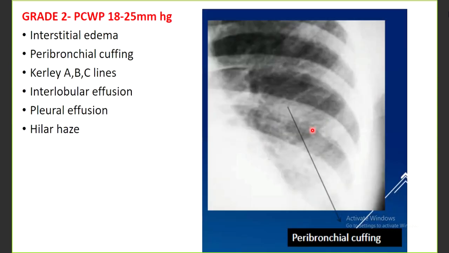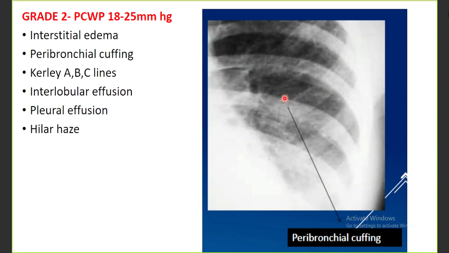In the next stage, you see worse findings like curly lines, interstitial edema, pleural effusion, and so on. One common thing that we see is the so-called peribronchial cuffing, which shows as if there is increased thickness of the bronchus.